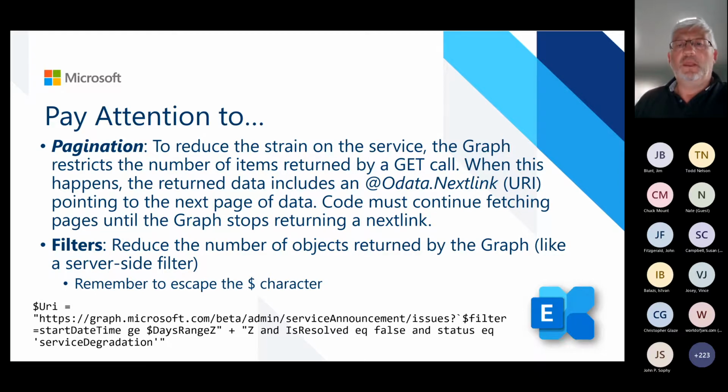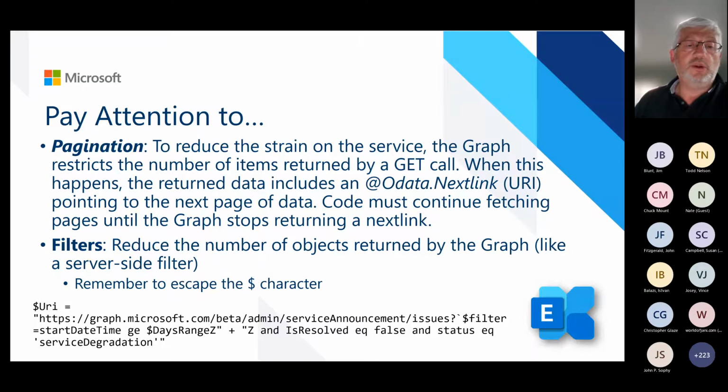Filters. Filters are important because it's a bit like the debate in PowerShell between server-side filters and client-side filters. And as you know, in PowerShell, you always want to use server-side filters to make sure that you reduce the amount of data that's returned to you. Same idea, except that you're going to pass it in a slightly different way.